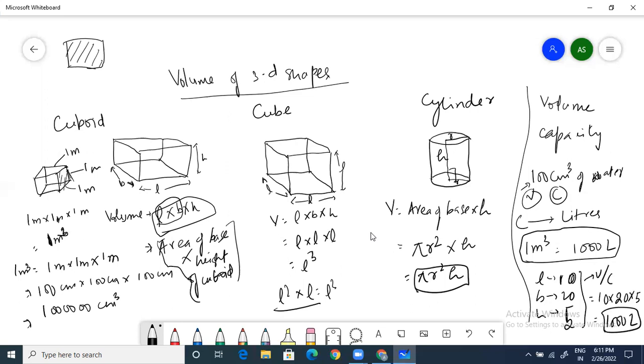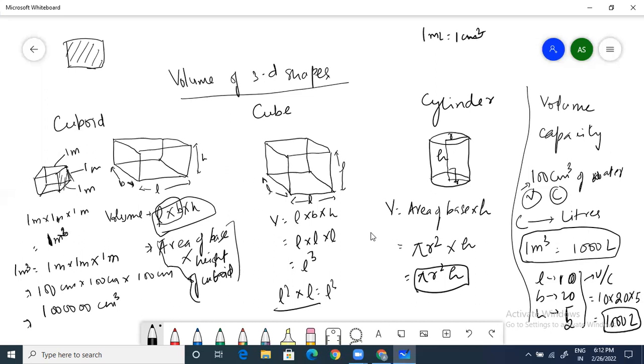So even if your dimensions are different, if we know the length, breadth, and height, we can always calculate length into breadth into height, and that will give you the volume. We just need to understand the relationship between meter cube and liter. Because 1 milliliter is equal to 1 centimeter cube.